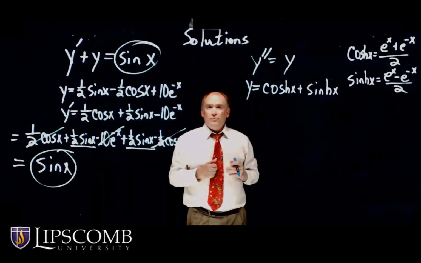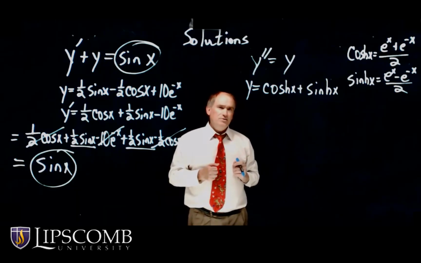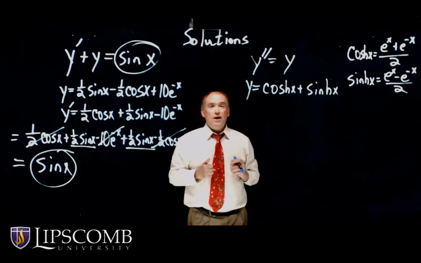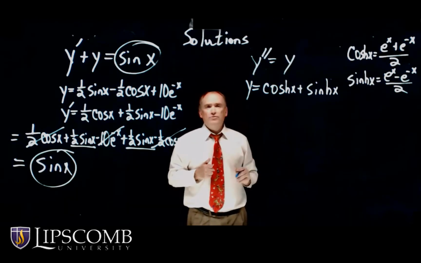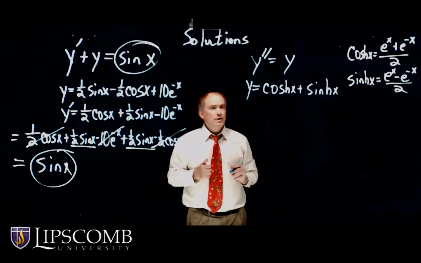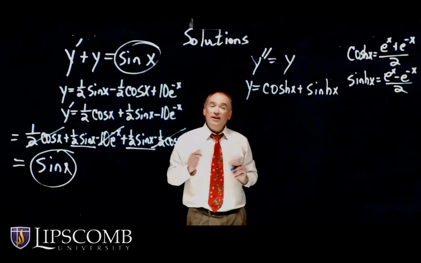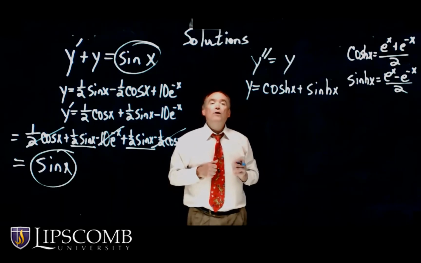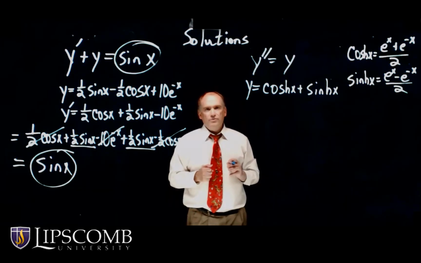When it comes to derivatives, the thing I always remember about the hyperbolics is that the big three, that is the hyperbolic sine, the hyperbolic cosine, and the hyperbolic tangent, their derivatives are all positive. Whereas the lesser three, the hyperbolic secant, the hyperbolic cosecant, and the hyperbolic cotangent, all have a negative in front of them, as opposed to the 6 trig functions.